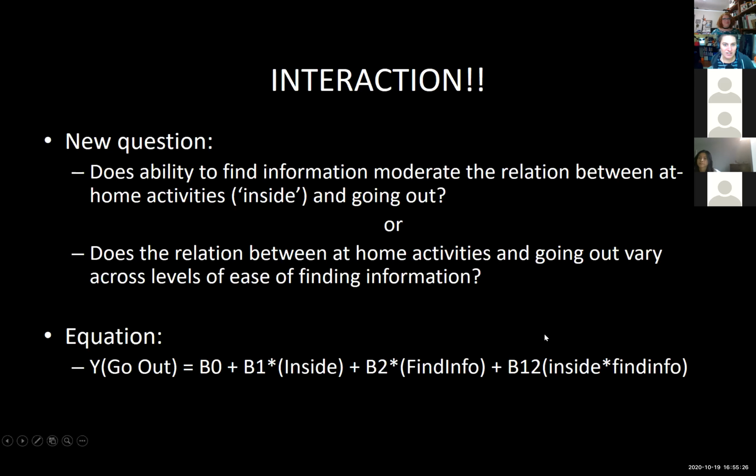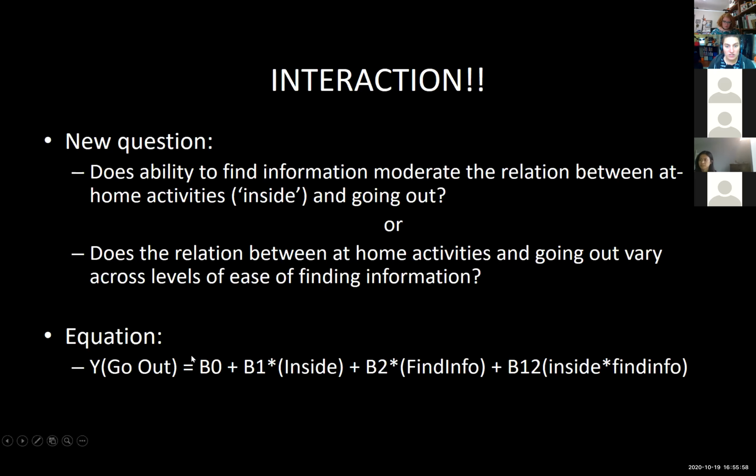Now we're going to add the interaction term. And if you remember, the interaction term lets us free up a new question, which is, does the ability to find information moderate the relation between at-home activities, which is that inside variable, and going out? You can also ask it the way we asked the engine truck car question, which is, does the relation between at-home activities and going out vary across levels of finding information?